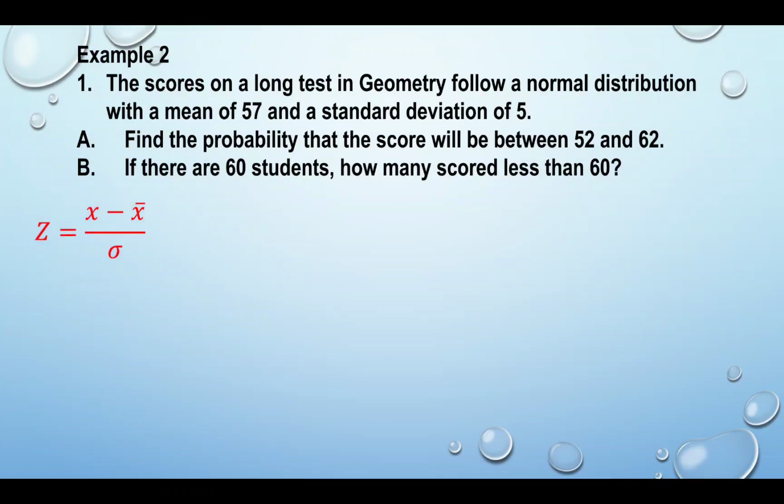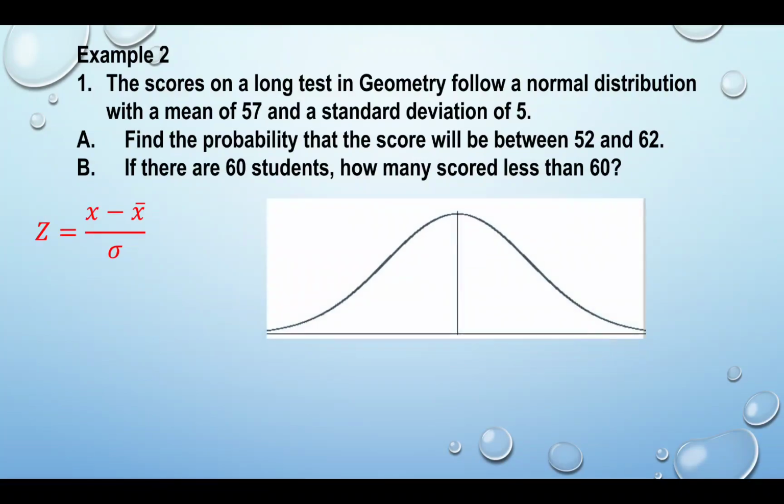In this problem, since we are talking about real values, means that are not 0 and standard deviations that are not 1, meaning we're on the actual data, so we still need to use the standardization formula. The first thing we do is to illustrate.